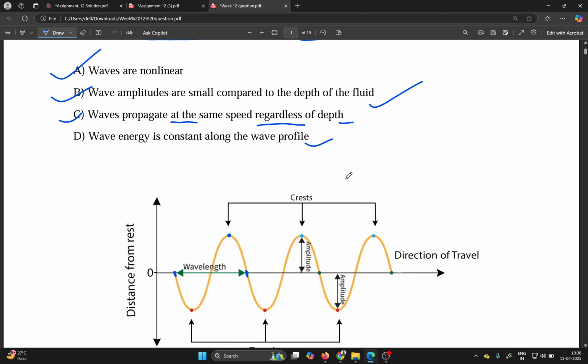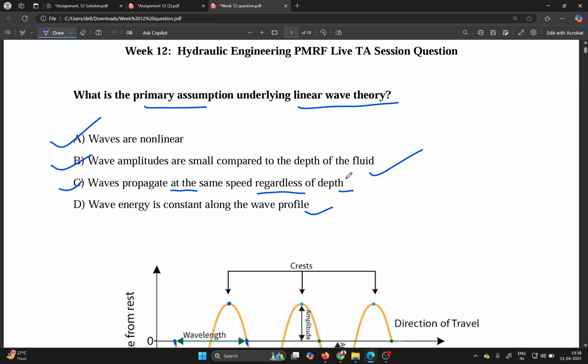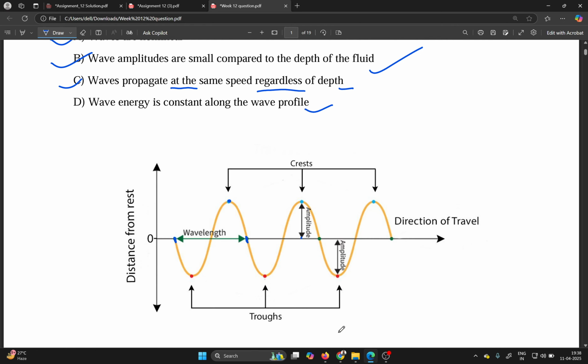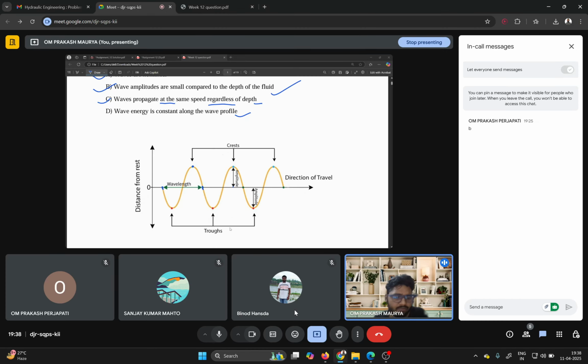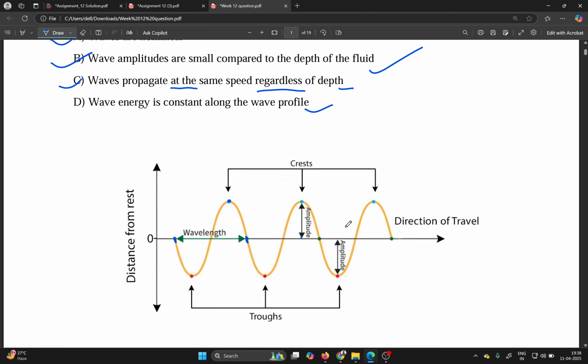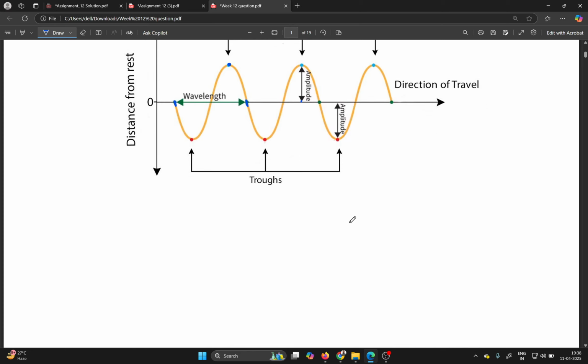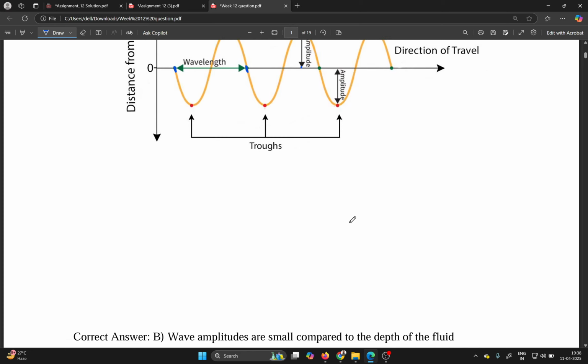So, by the way, the question is: what is the primary assumption underlying the linear wave theory? Anyone can write the answer in the chat box. Anyone, please? Okay, let me just show you the answer. The answer will be: wave amplitudes are small compared to the depth of fluid.